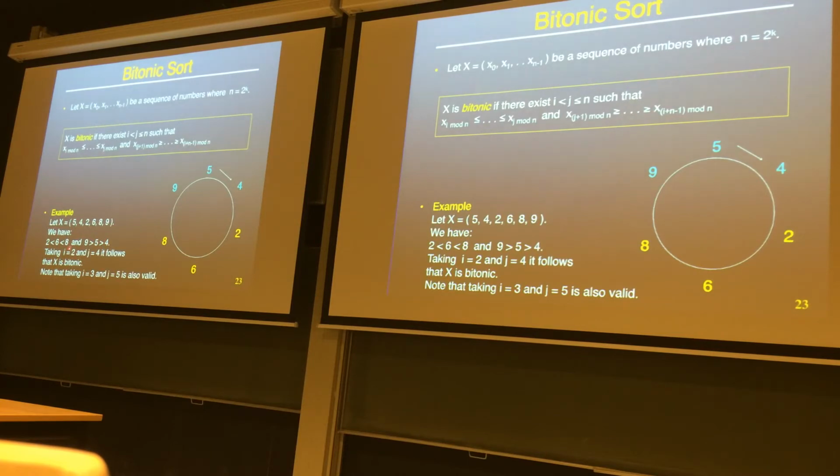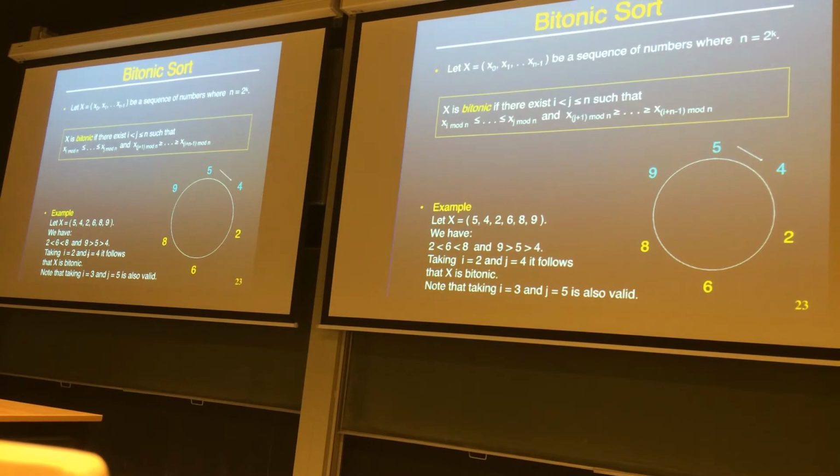So if you take i equal to 2 and j equal to 4, then it follows that x is bitonic because if you start here with 2, 6, 8, you have an increasing part, and if you take 9, 5, 4, then you have a decreasing part. And you have covered here the whole sequence.